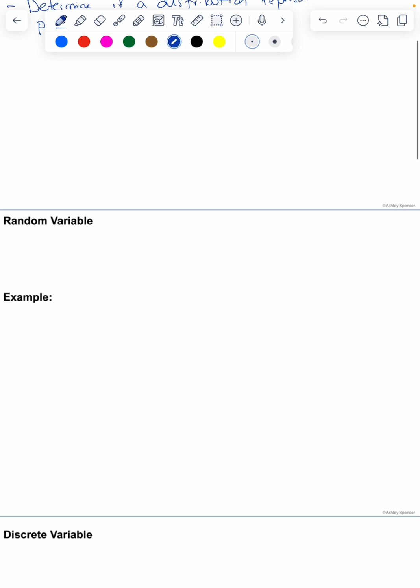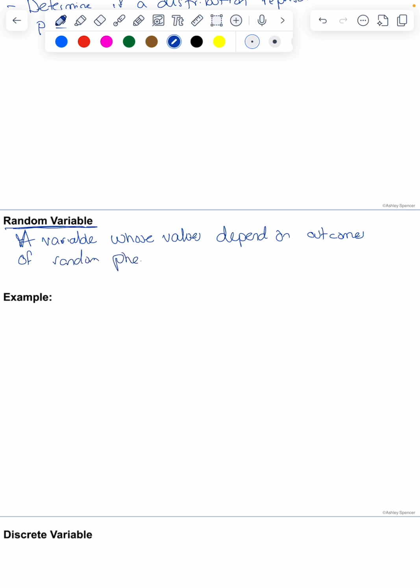So let's start off with some vocab. What is a random variable? It's a variable whose values depend on outcomes of random phenomenon.